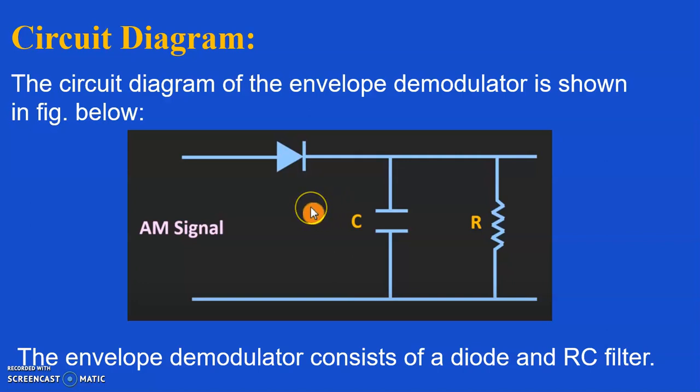One of the advantages of this circuit, that is simple, because it consists of very few components, which is considered inexpensive. And the second one, this circuit does not require a synchronization between the transmitter and the receiver. So it is non-coherent detection process.